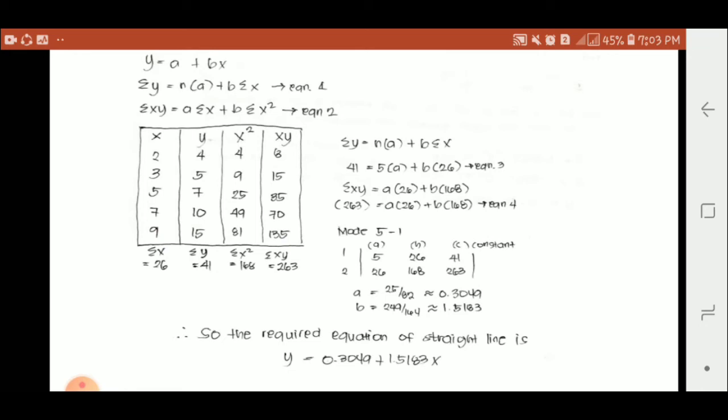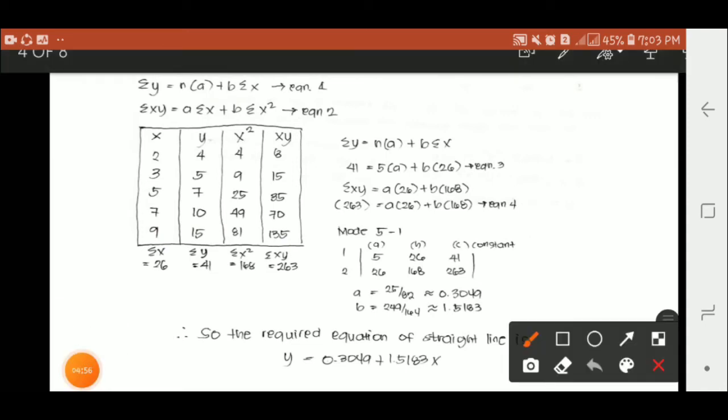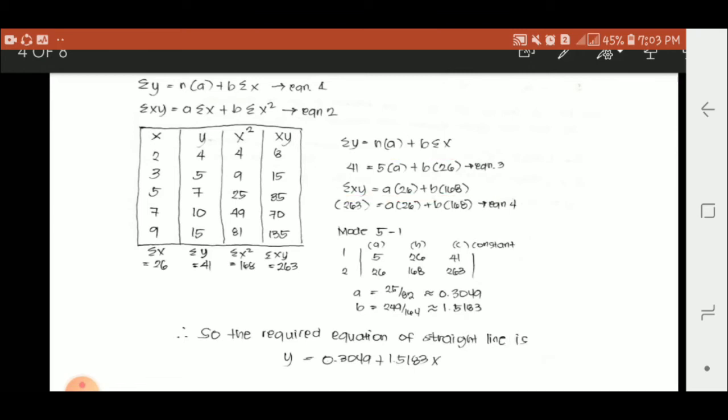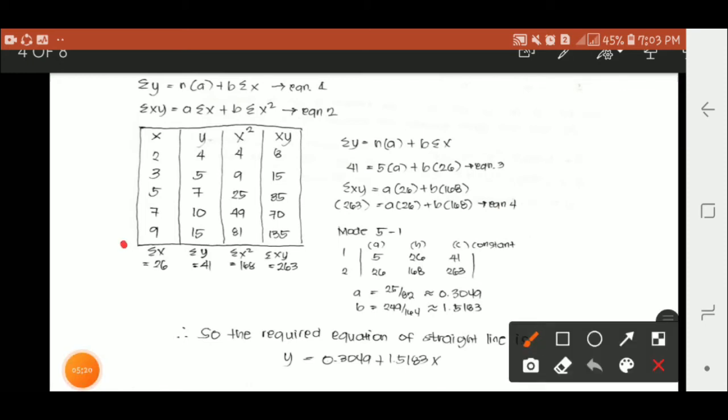After we have all the summations, we are going to substitute them in our normal equations, this one and this one. So our summation of y is equal to 41, and our n, by the way, n is the number of data points presented in the graph, where we have 1, 2, 3, 4, 5.